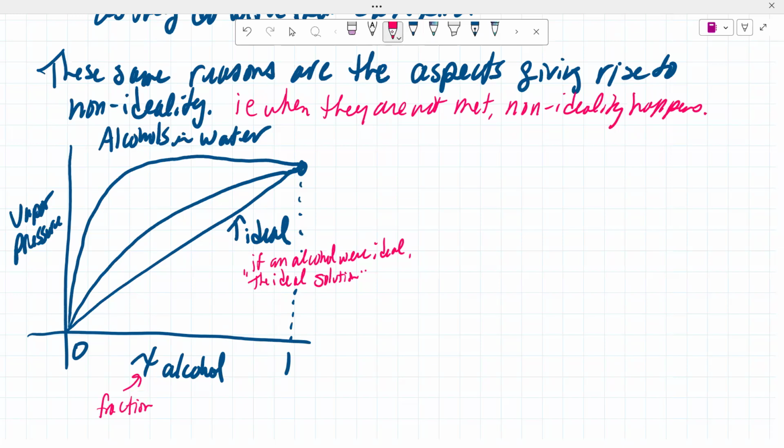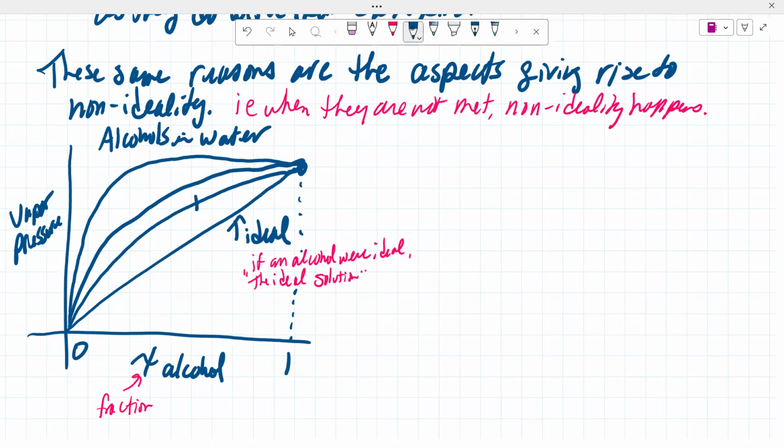I use fraction. In other words, you had no alcohol in there up to having it full of alcohol, and we're drawing the curves for a specific alcohol. So if everything were ideal, it would just be a straight line, but it's not a straight line for real alcohols. So here we have several alcohols. I kind of didn't leave enough space for labeling.